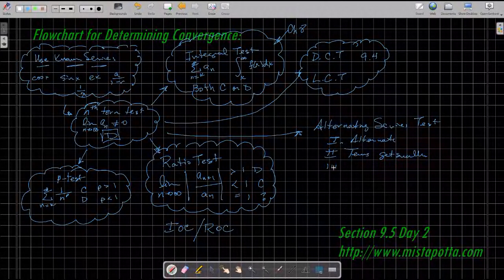And third, the terms had to go to 0. But if this is true, then, of course, we're going to have convergence.